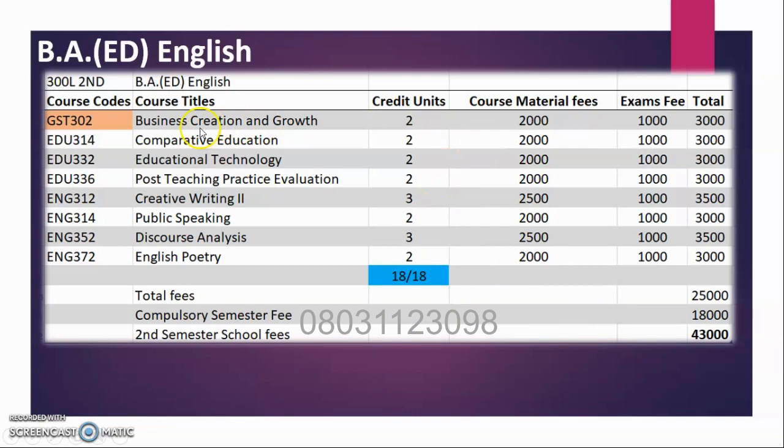So we have 300 level second semester, and these are your courses. You have a non-examinable course here, which is an error. You're not supposed to have this 1,000 here. So you have to remove 1,000 from this total fee here. Post-teaching practice evaluation is not examinable. There is no exam for it.